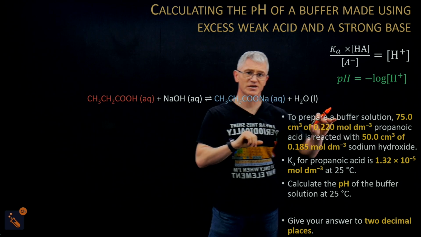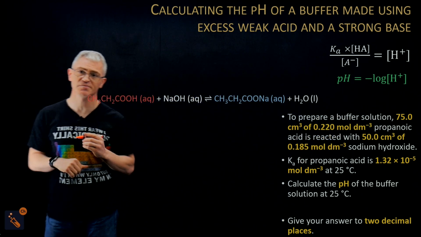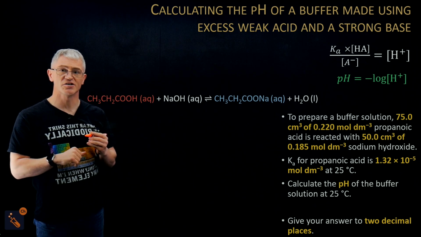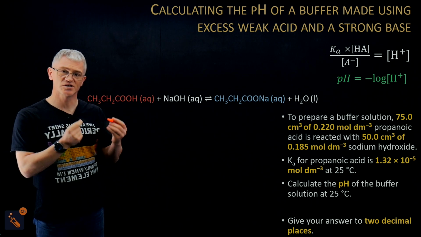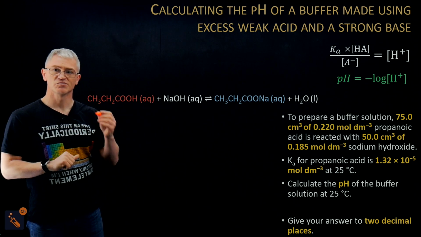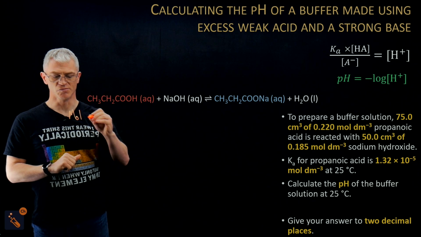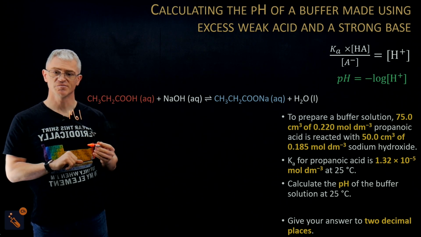We're given a concentration and volume, so we can work out our number of moles. I haven't got a lot of space here, but we've worked out moles before in this video: that's volume times concentration. So let's put moles here, and write down what our moles are for each.